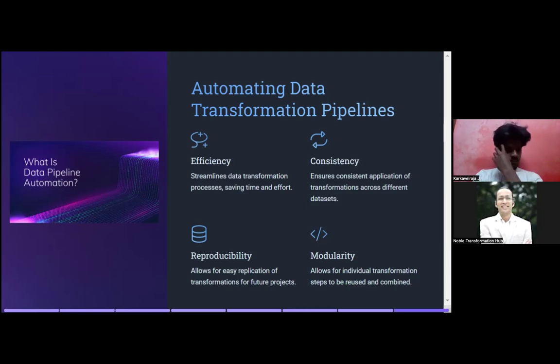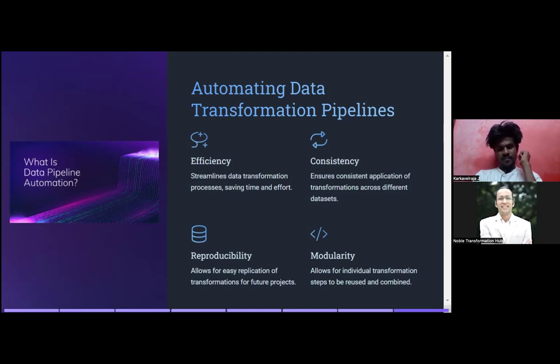Efficiency: streamlining the data transformation process, saving time and effort. Consistency: ensuring consistent application of transformations across different data sets.